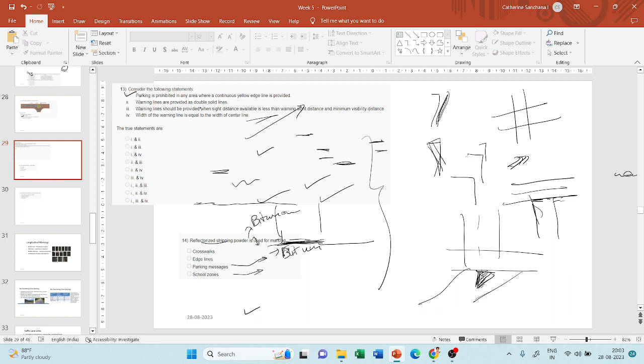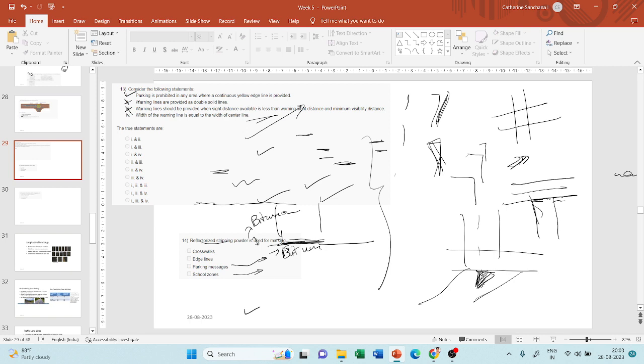Warning lines are provided as double solid lines. No, because they are provided as broken lines in the ratio of 3:1, so this is wrong. Warning lines should be provided when sight distance available is less than the warning sight distance and minimum visibility distance. No, because we saw this sight distance requirement for no overtaking zone, so there are no such limitations on warning lines.